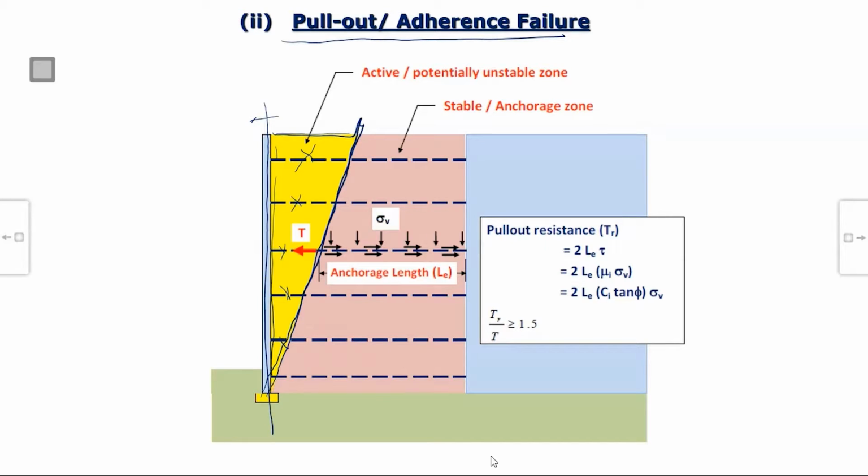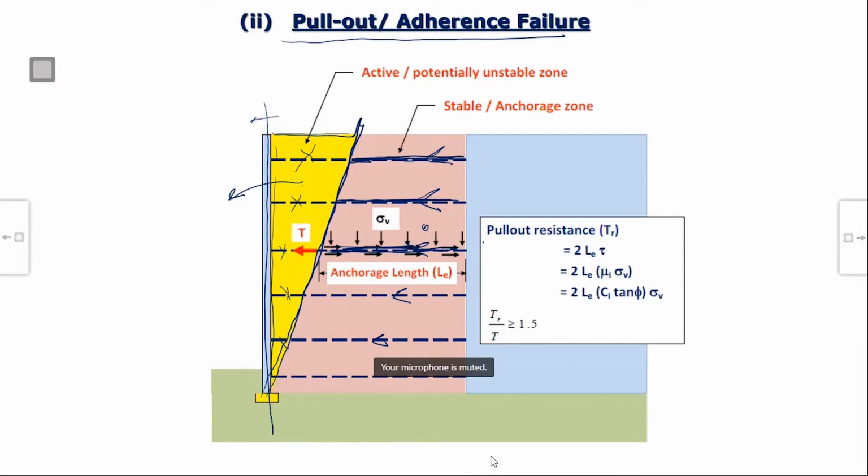So if I take any reinforcement, the stable or anchored zone will be this. So this wedge, this active force is trying to pull this reinforcement out, and the friction between this reinforcement and this soil is trying to restore it.